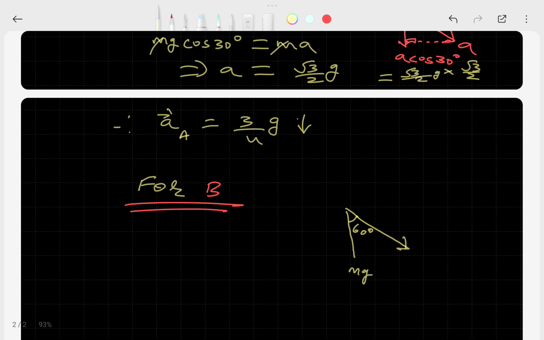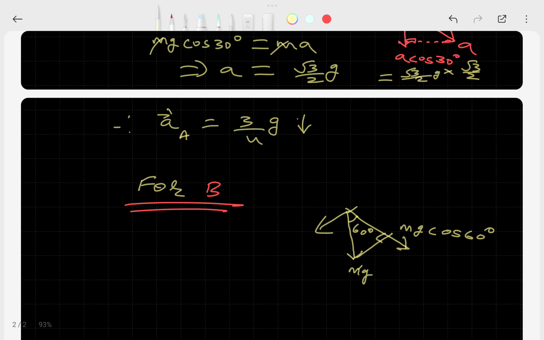If blocks are different, then you can write m1 g and m2 g. I will write m dash g for clarity, because you might think I have taken the same block with the same mass. I am taking m dash, meaning a different mass, it will get cancelled, so no need to worry. So this is mg. If I draw here, this will be your mg cos 60 degree.